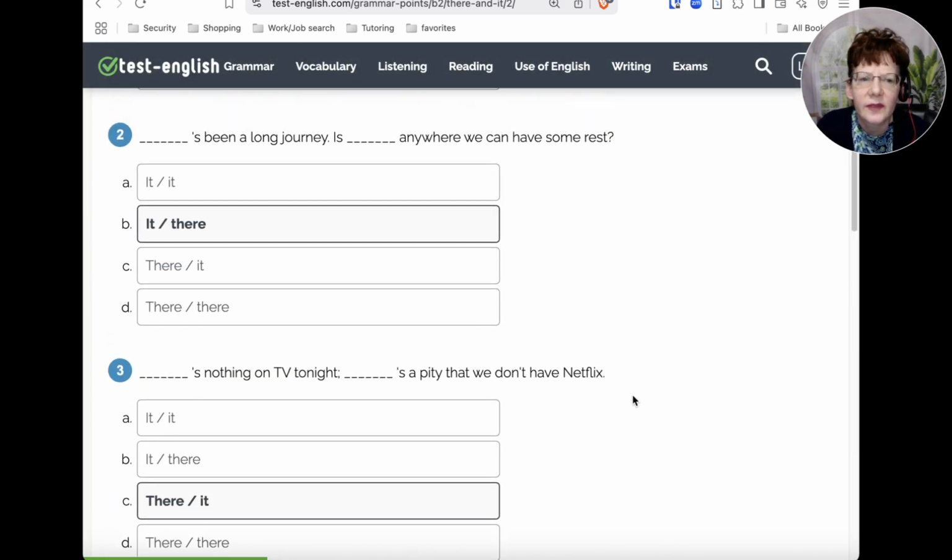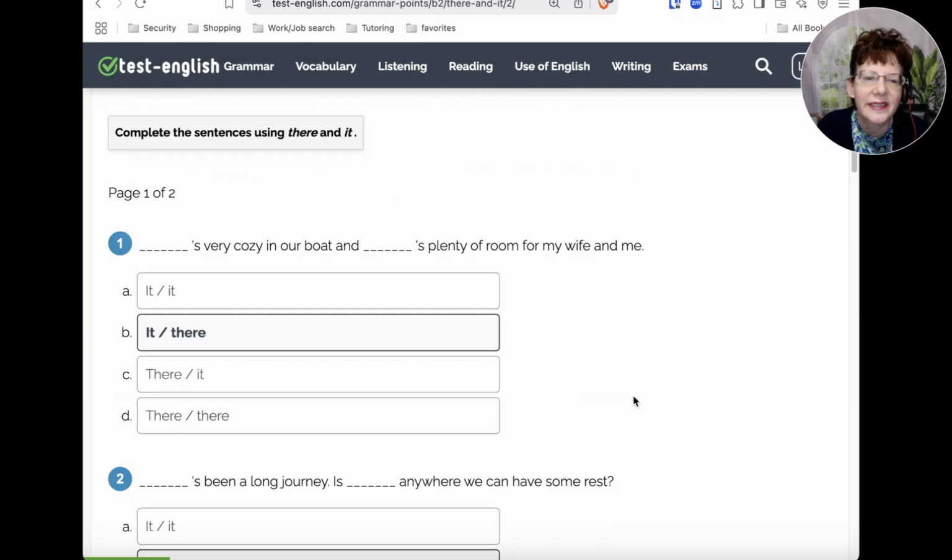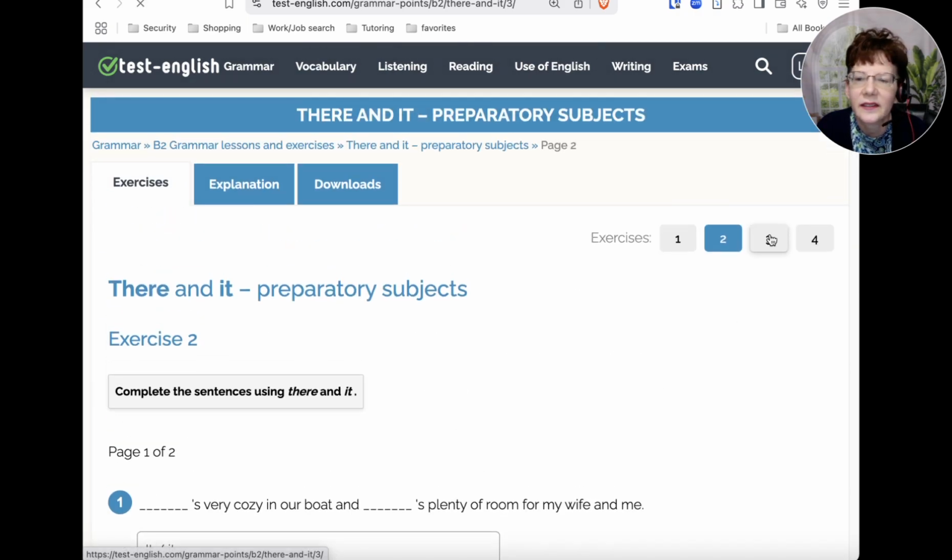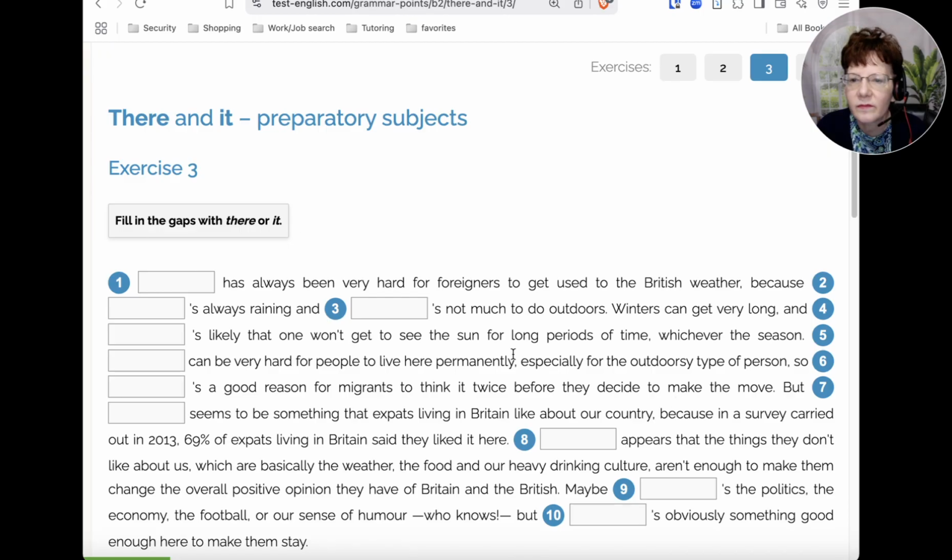Okay, let me look at number three here. We're going to fill in the blanks with there or it. What has always been very hard for foreigners to get used to, the British weather? There or it. So it, because what's always raining?